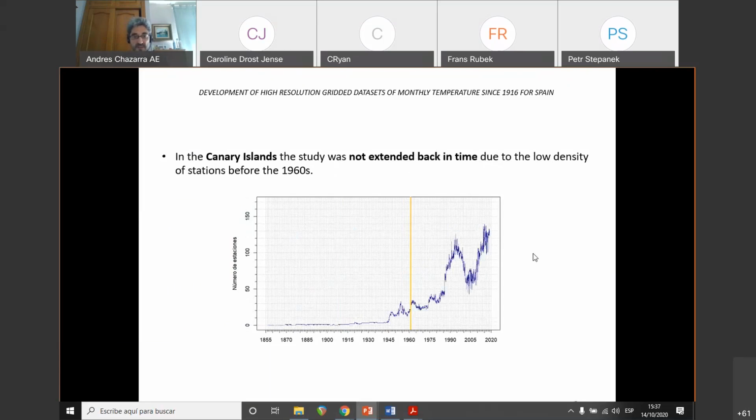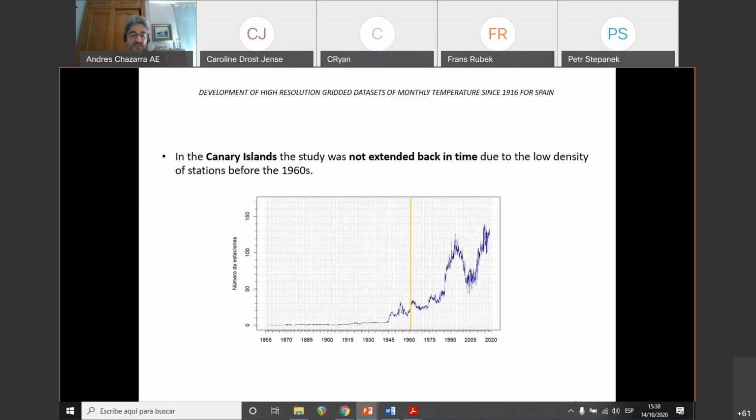In the case of the Canary Islands, as I have said, the study was not finally sent back in time due to the low density of stations, because we have few stations before the 60s. And it's a very tricky area because we have 7 small islands. They are isolated, and it's very rough terrain because they are volcanic islands with big mountains on many of the islands.